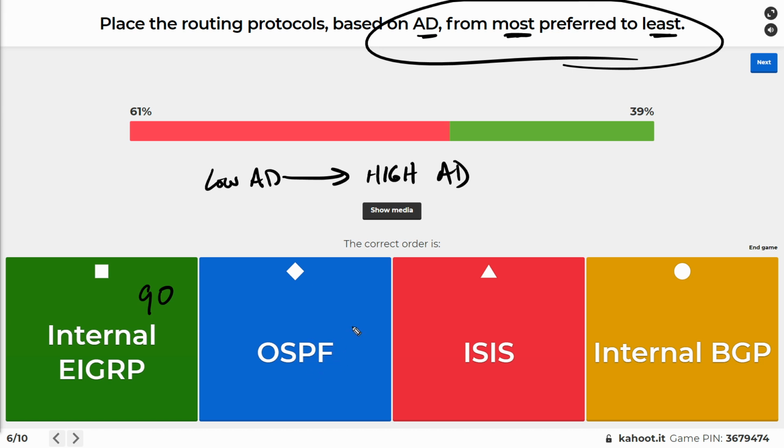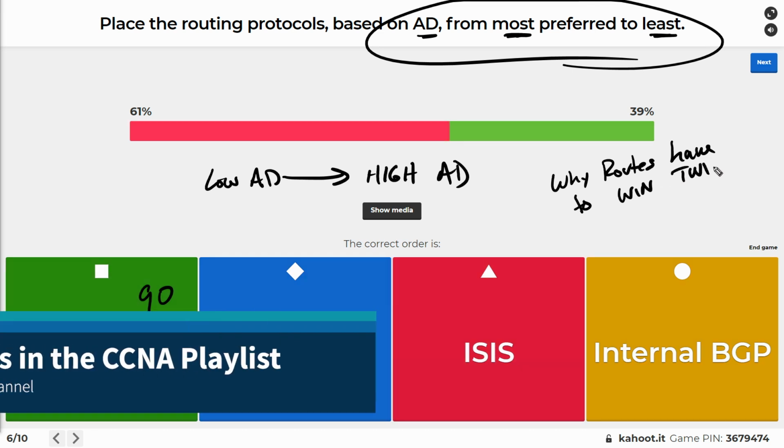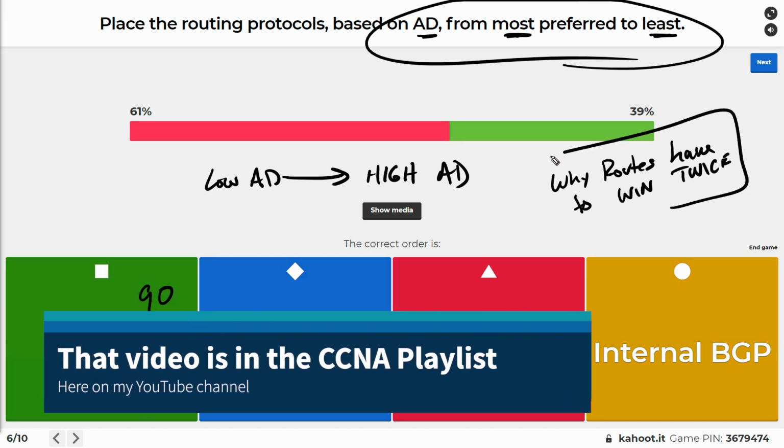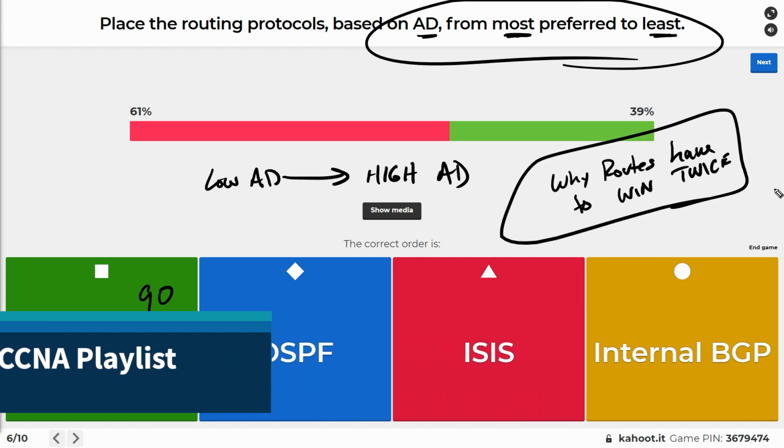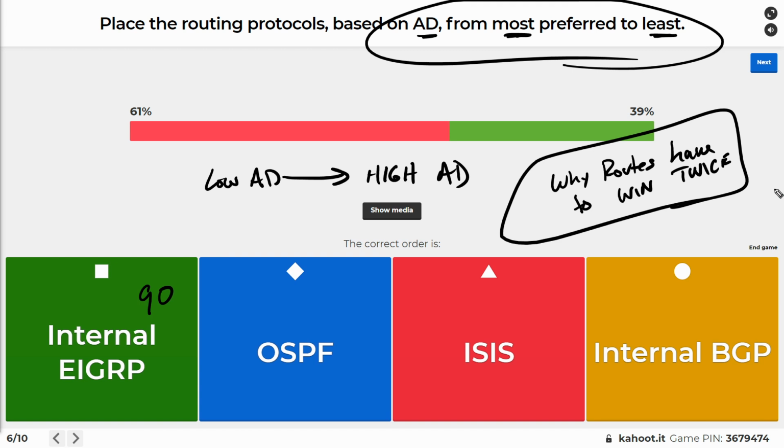Also, while those are coming in, there's a really great video called Why Routes Have to Win Twice. I find that most people who are brand new to it have a challenge with the relationship between administrative distance and what routes are selected from the routing table.